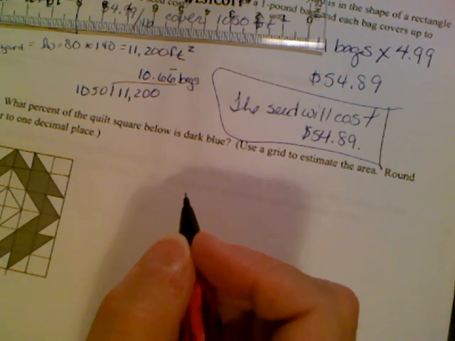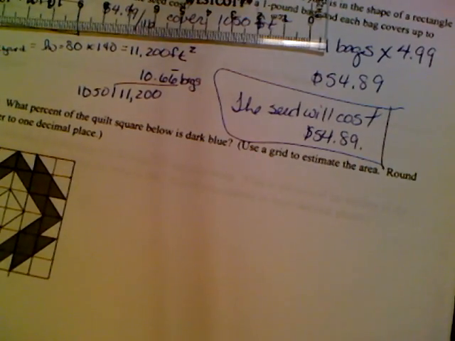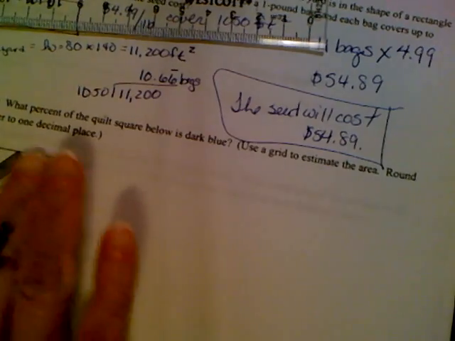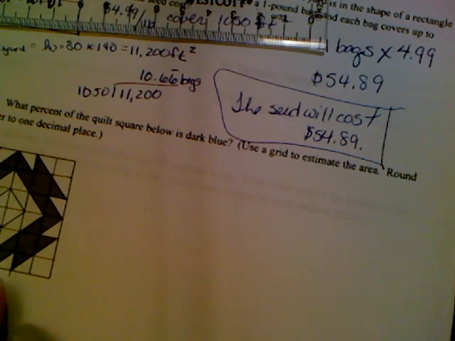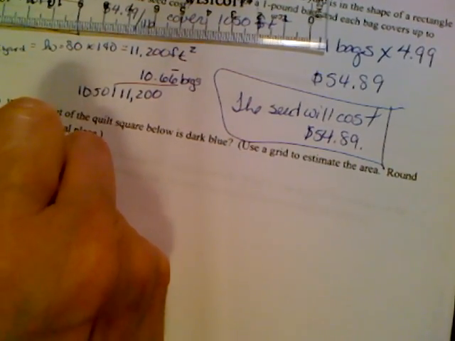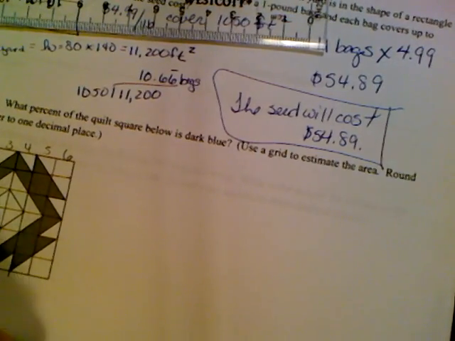All right, so now I have it broken into all my pieces, and I'm going to count. I want to know the area that the dark blue takes up. Okay, I count 1, 2, 3, 4, 5, 6, and 1, 2, 3, 4, 5, 6.